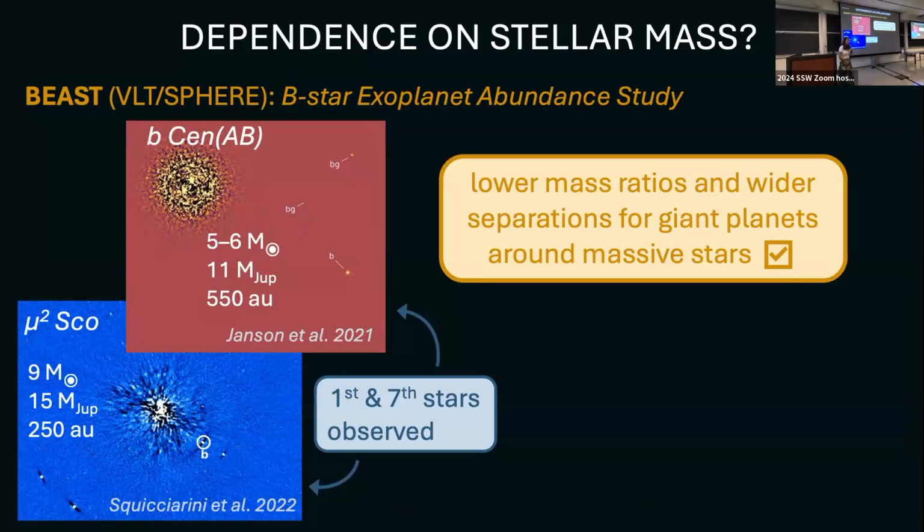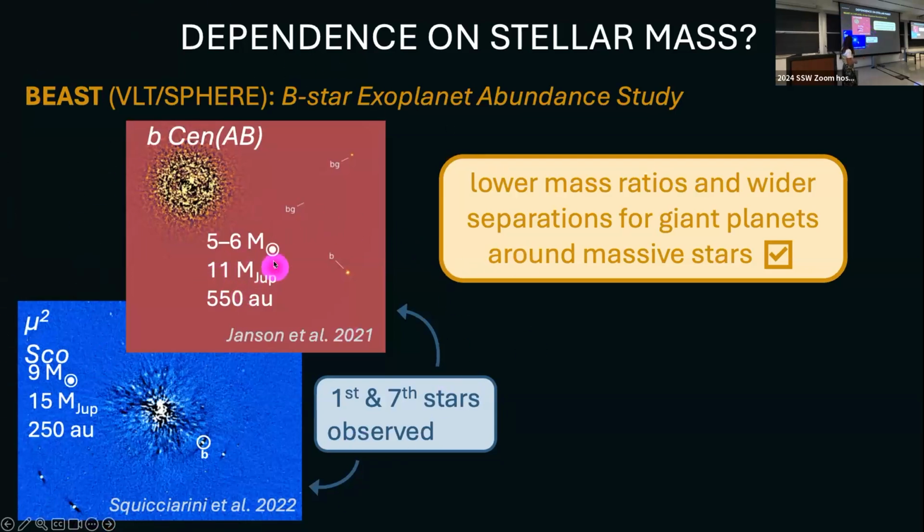So this motivates the idea of doing specific surveys dedicated to the most massive stars, which seem to be harboring more massive planets that we might be able to detect with direct imaging. So that's exactly what some people did. There's the BEAST survey, the B star exoplanet abundance study conducted with SPHERE at the VLT. That found these two really interesting systems.